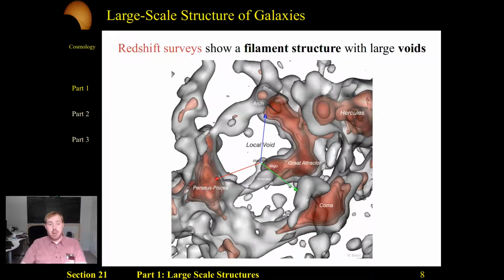And we see these patterns here. We're going to have these filament structures. By filament, think of these long threads. So we'll see an arch of galaxy clusters, another one. And then you'll find just voids, just empty space, where there's not a lot of literal galactic material.